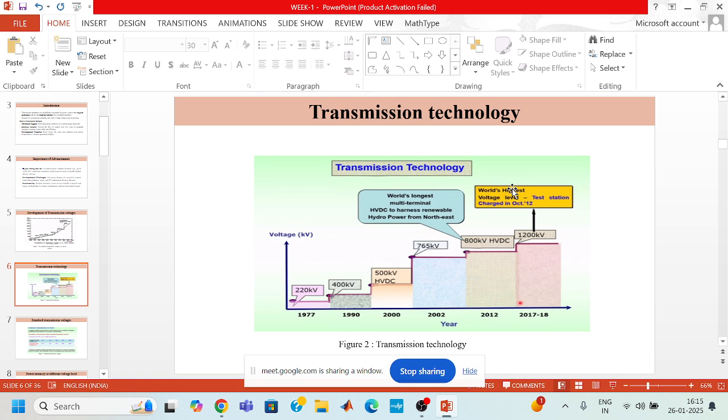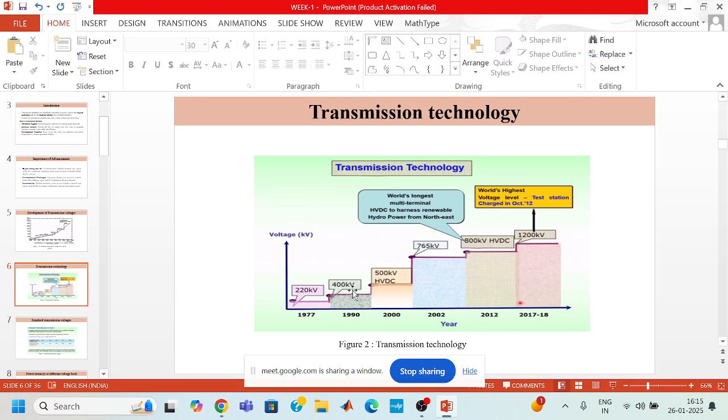Transmission technology in the country started developing since 1977. This graph shows that since 1977 we were operating at 220 kilovolts, and gradually in the 90s we were operating at about 400 kilovolt.